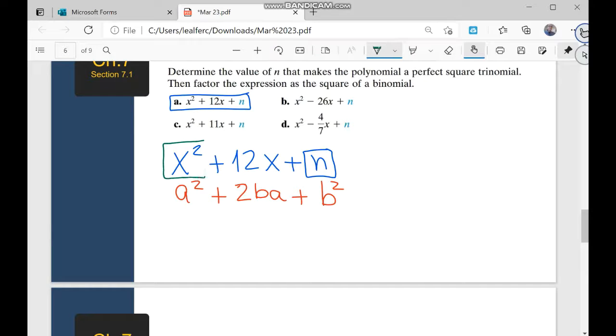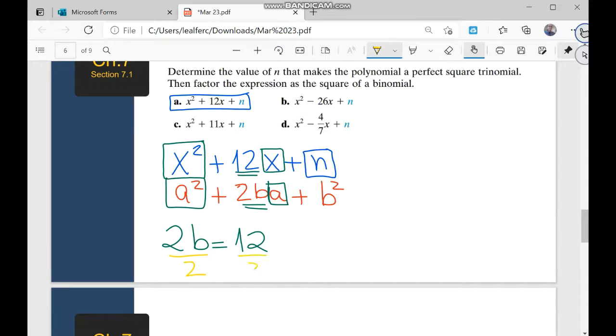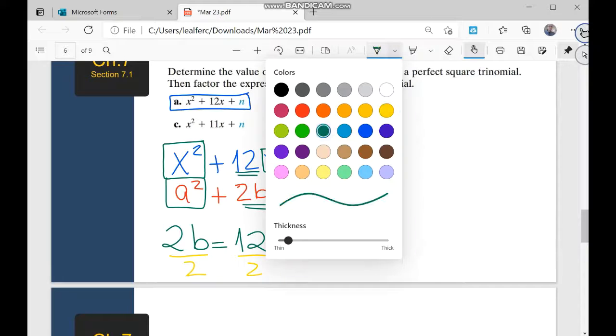We have x squared as the a squared of the formula, and x is the a of the formula. That means 2b equals 12. Divide both sides by 2, and you're going to find b equals 6.